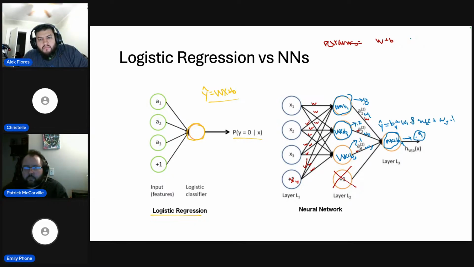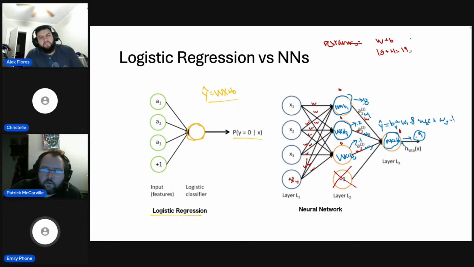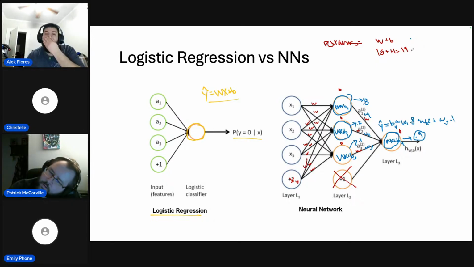Okay, so we have 15 weights. Let's count our biases. We have 1, 2, 3, don't forget this one, 4. So we have 15 weights plus 4 biases. Great, we have a 19 parameter neural network. So there's 19 parameters in our neural network. Now imagine 2.5 billion, it gets very large and very complex.